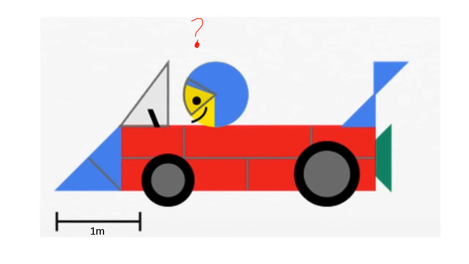How long is the car? Have you thought about it? Well, if we take this meter as what we know, we can roughly draw another one, which is more or less the same, and another one, and another one. So, this car is about 4 meters long. This is an estimate, not an exact measurement, but it's okay.